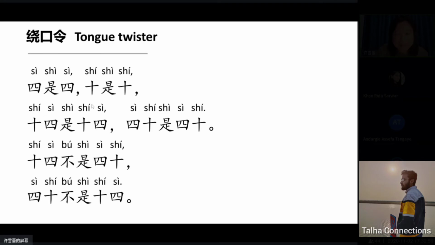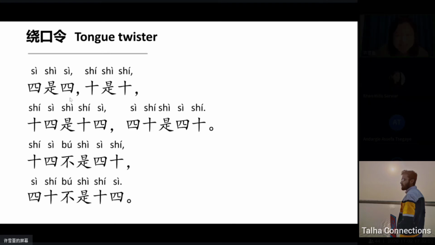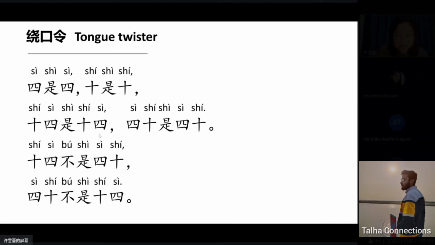I'll read and you will try. 4是4, 10是10, 14是14, 40是40, 14不是40, 40不是14.